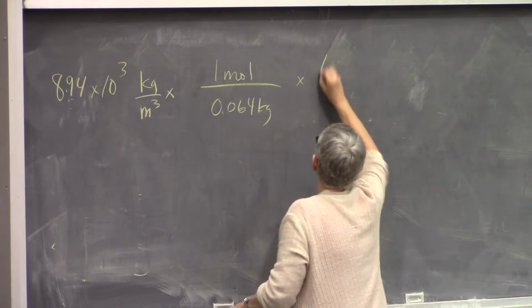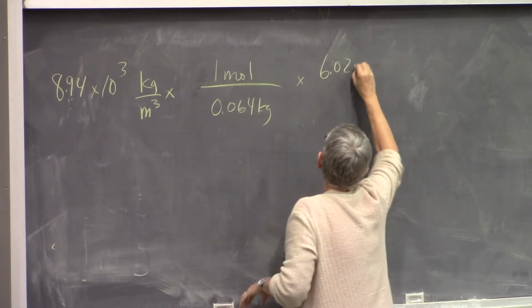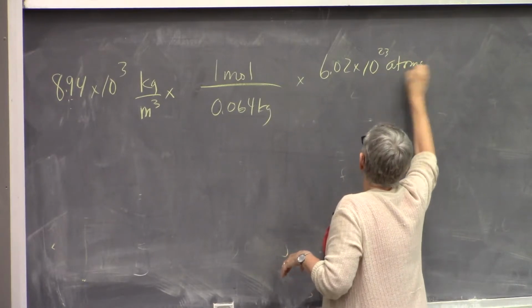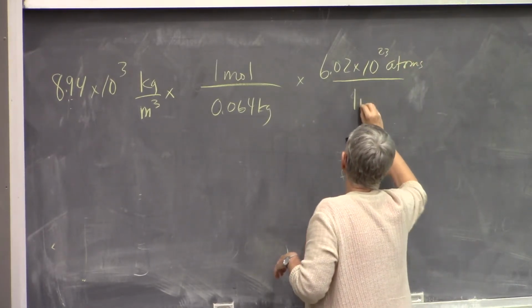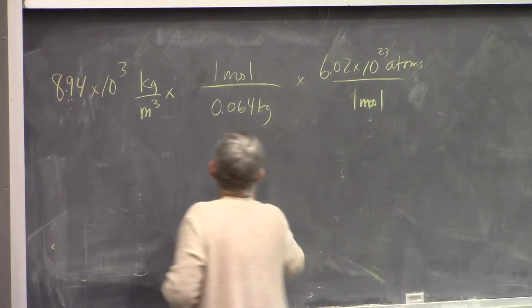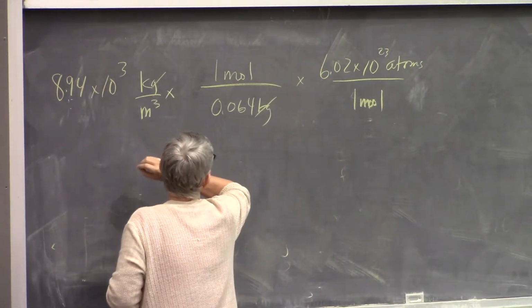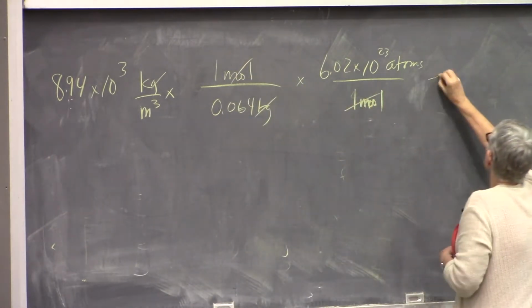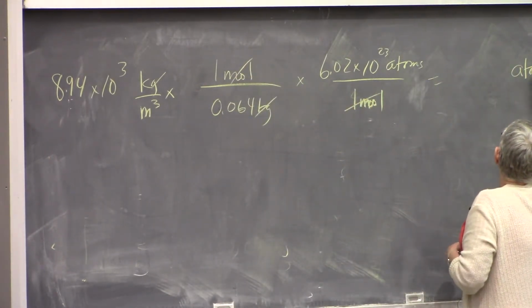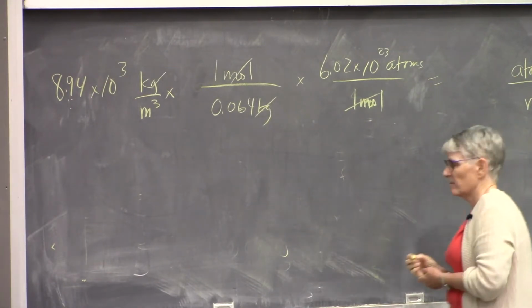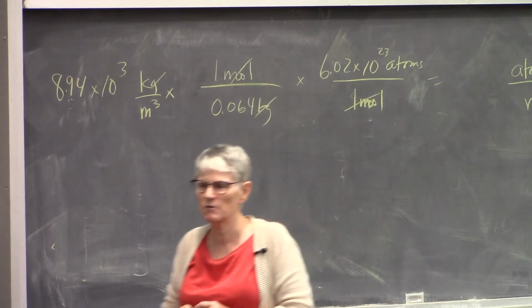And now we can have 6.02 times 10 to the 23rd atoms and 1 mole. And so kilograms cancel, moles cancel, and we should come out to atoms per, so this many atomic volumes per cubic meter.